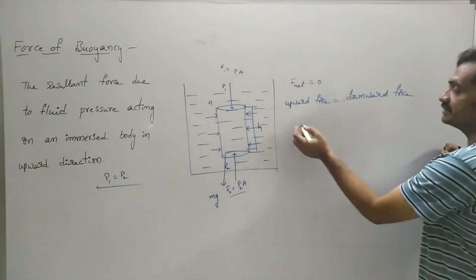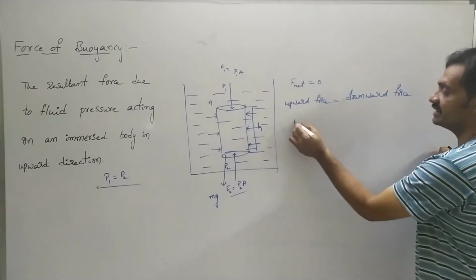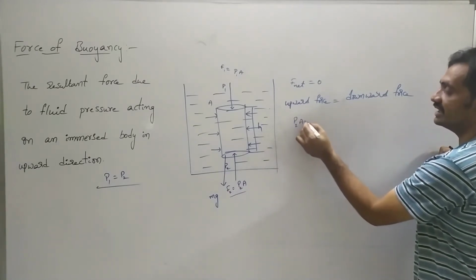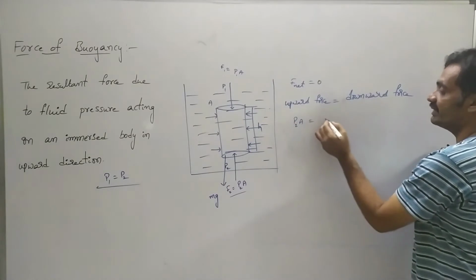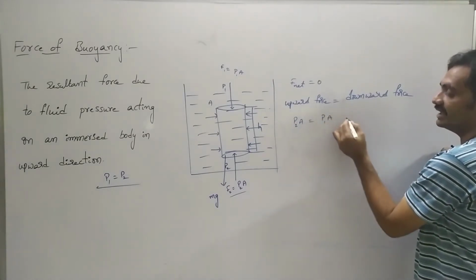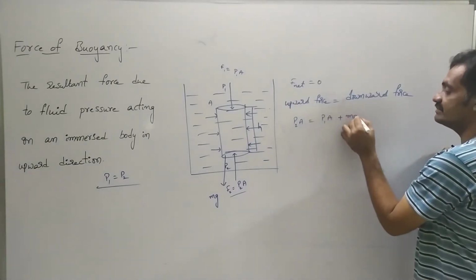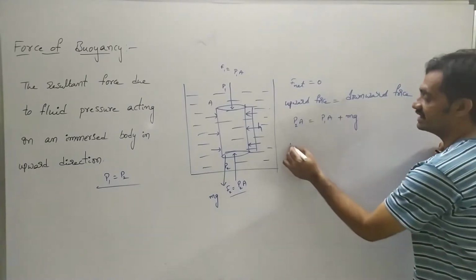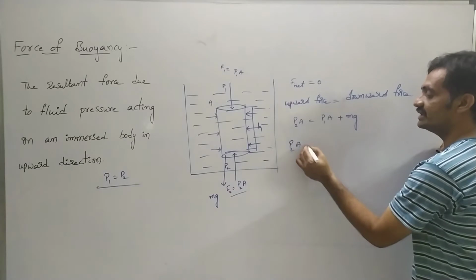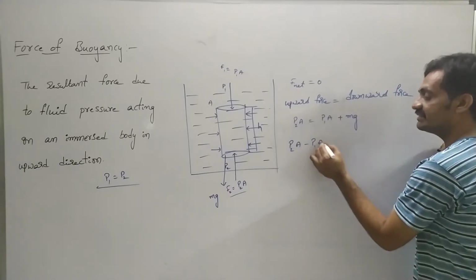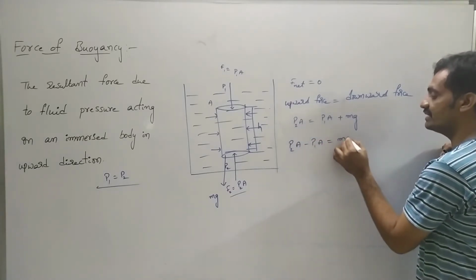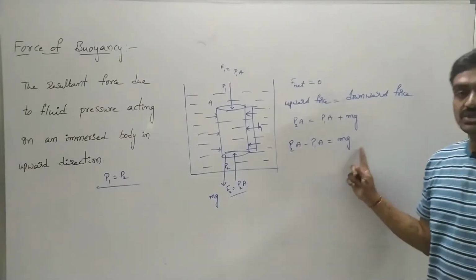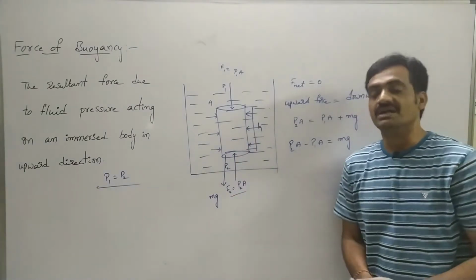So now I am going to equate both the terms, where F2 is nothing but P suffix 2 into A equals P suffix 1 into A plus mg. When we bring this P1 towards this side, the expression is represented as P2 into A minus P1 into A equals mg, where mg is nothing but the weight of this imaginary body.